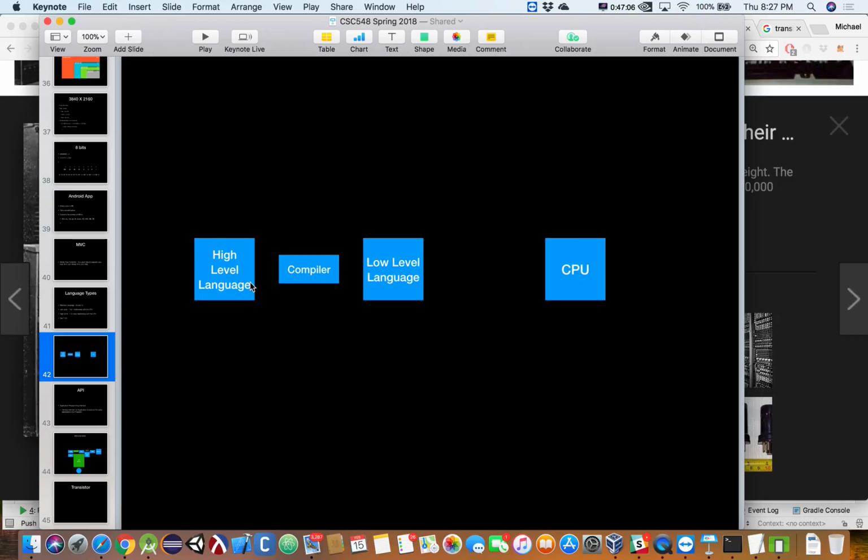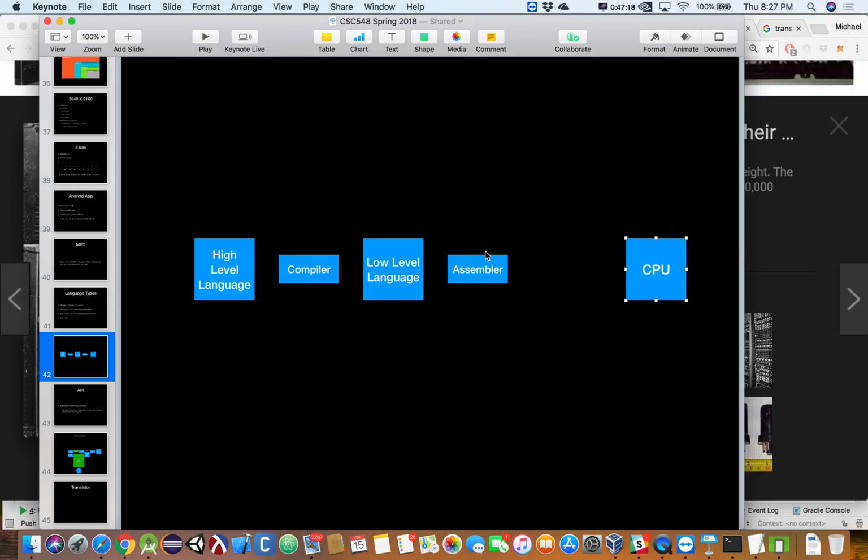But before it can run on the CPU, we have to take that low-level language and pass it through a tool that can convert it to machine language, which can then run on the CPU.